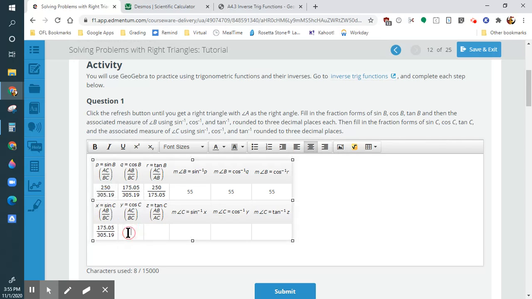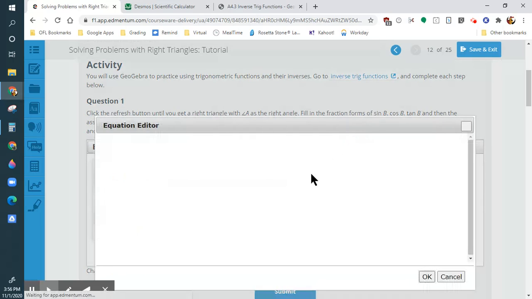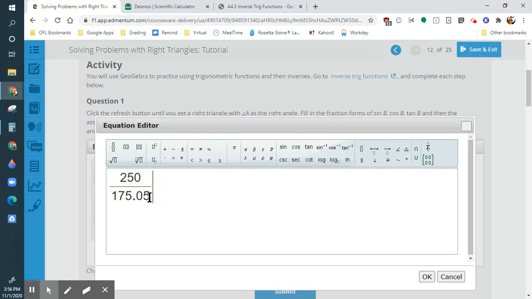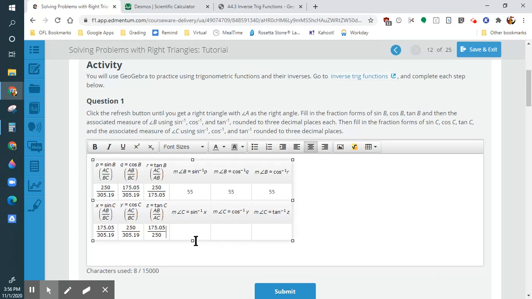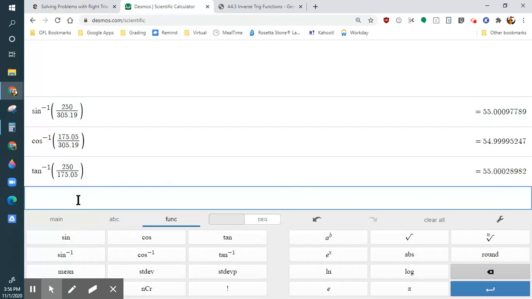I probably could have typed it out in the amount of time I'm spending trying to figure this out. Oh, this one's actually backwards, so I'm going to have to fix this. It's easier to type in 250. Now I'm going to do all of these, but they're kind of in reverse.